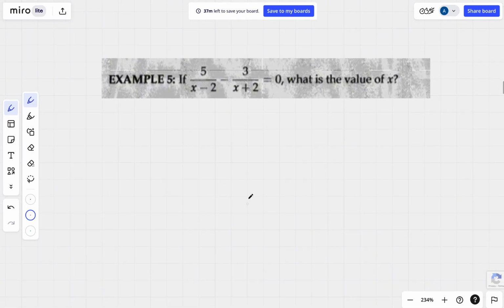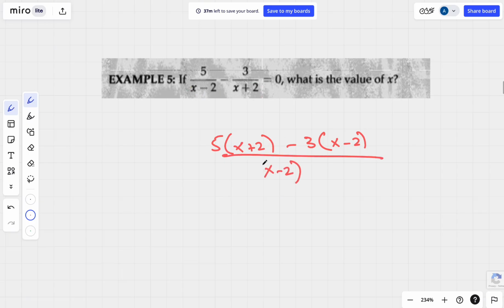Example 5. Now in this case we need to find a common denominator. So we'll cross multiply this with this, this with this, and then these two we'll find the product. And that'll be the denominator. So 5 times x plus 2, and then this goes up, minus 3 times x minus 2, divided by the product of this and this, x minus 2 and x plus 2.